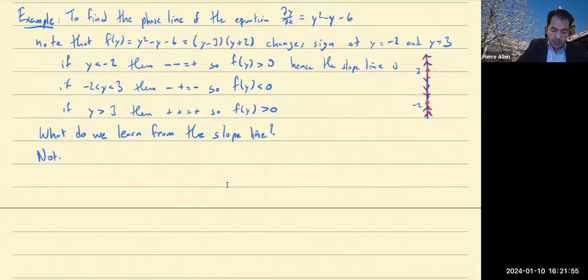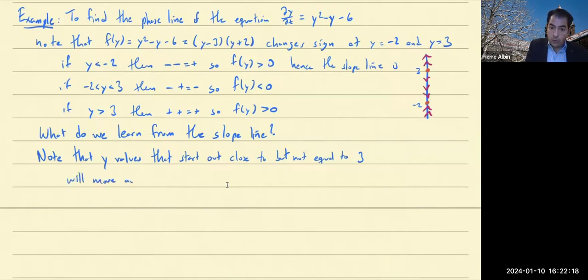So notice that y values that start out close to, but not equal to 3 will move away from it, right? Because if you're not at 3, but you're nearby, well, if you're a little above, then you're going to start moving up. And if you're a little below, you're going to start moving down.